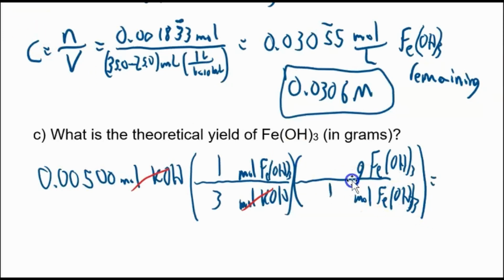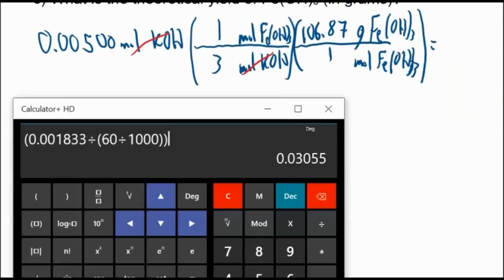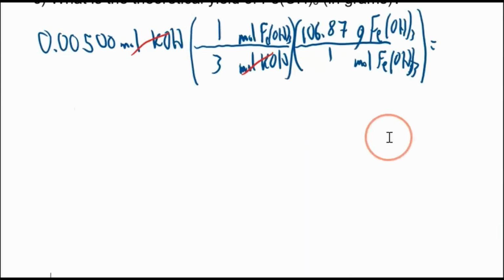For every 1 mole, based on the periodic table, if we add up the molar masses of all the elements, 1 mole weighs 106.87 grams. Okay, we'll plug that in: 0.005 divided by 3 times 106.87 gives 0.1781.